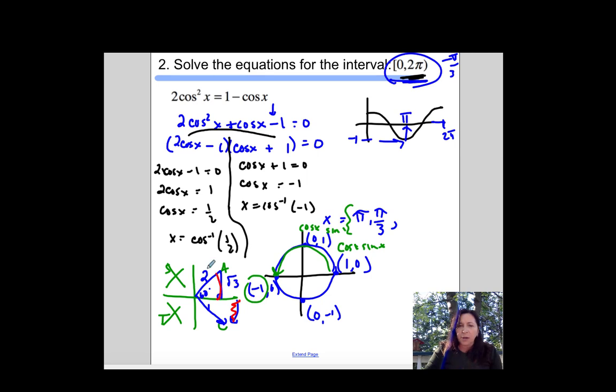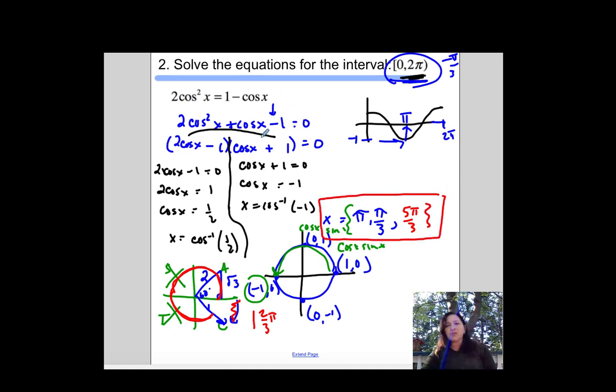You need to start here and go all the way around. From here to here is 1 pi, and from here to here is 2/3 pi. So what's 1 plus 2/3 pi? That's 3, 4, 5/3 pi. So my last value is 5 pi over 3. So my values to solve this equation right here are these three values.